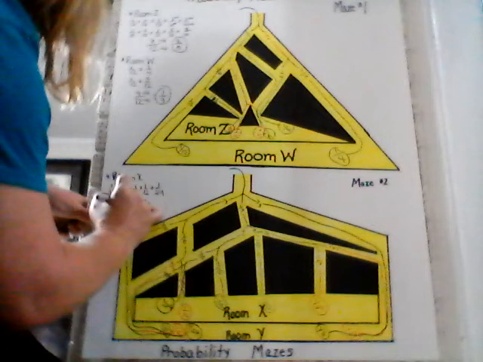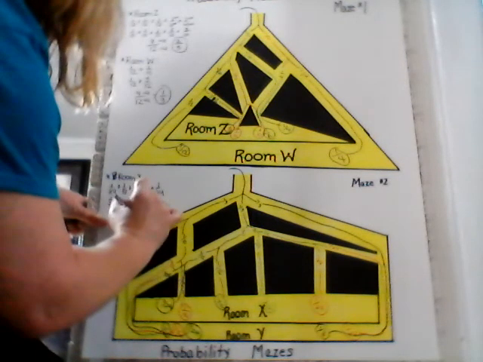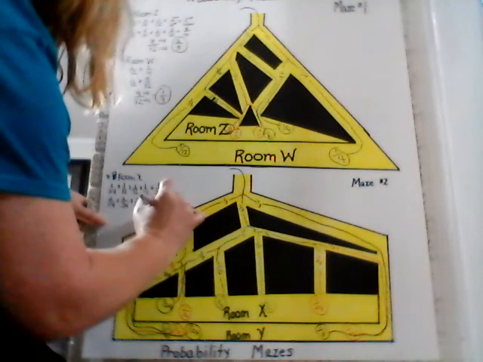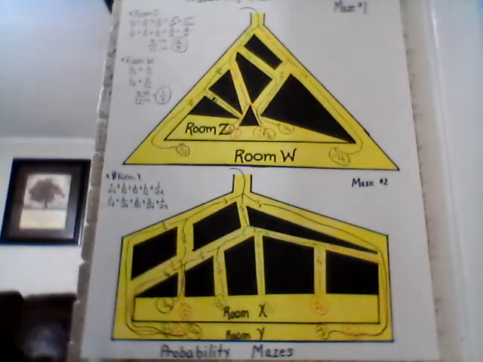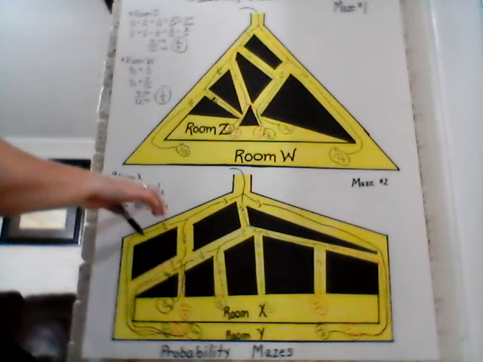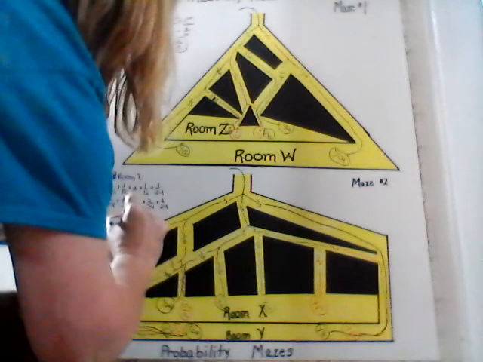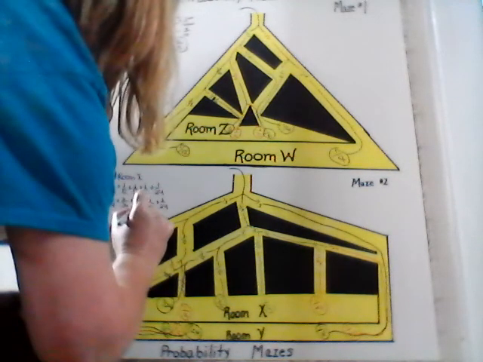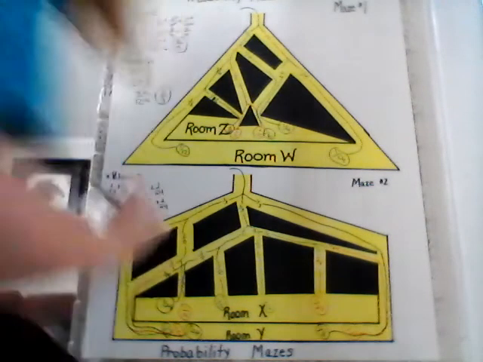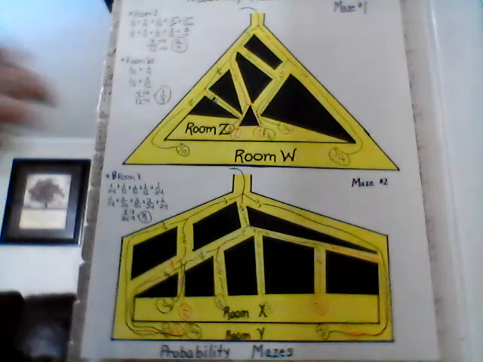So I've got 1/24 plus 2/24 plus 2/24 plus 2/24 plus 1/24. Once we have a common denominator, all we have to do is add them up. There's 1, 2, 3, 4, 5, 6, 7, 8. So this equals 8/24. And in simplest form would equal 1/3. So according to this, 1/3 of my liquid went into room X.